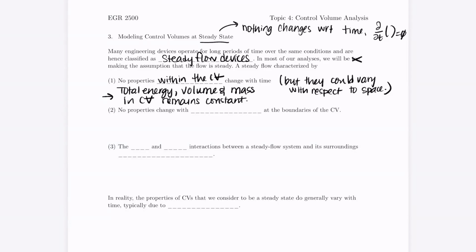In addition, we have no properties changing with time at the boundaries of the control volume. So the fluid properties at inlets or exits remain the same.